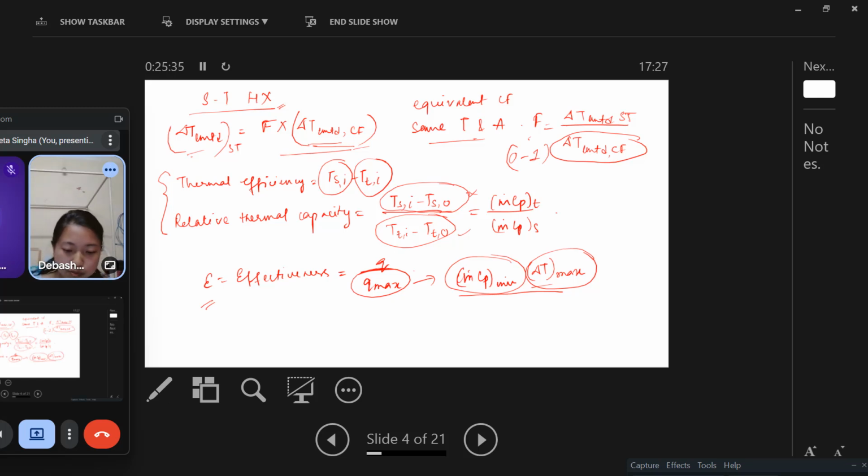Okay, if the MCP of the hot fluid is larger than the MCP of the cold fluid, then this Q will be given in terms of the cold fluid only. And if the MCP of the cold fluid is larger than the MCP of the hot fluid, then this Q will be defined in terms of the hot fluid. So it is there in your lecture notes, you might see.